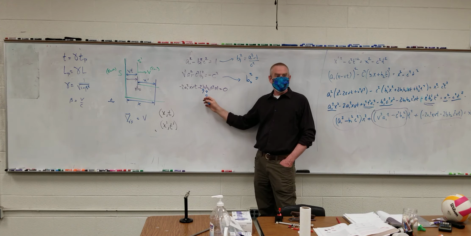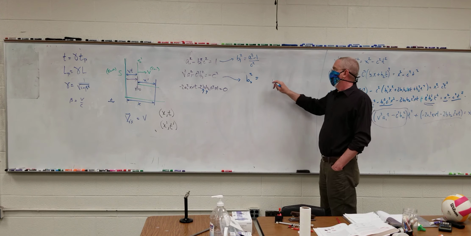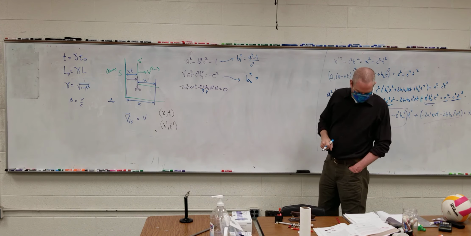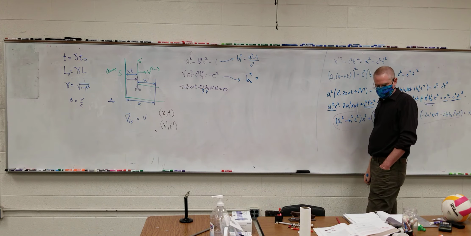I have three equations with three unknowns of a1, b1, b2. So for the second one, what's b2 equal? Is that v squared at the beginning? It is. Okay.